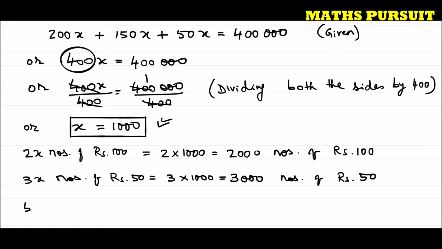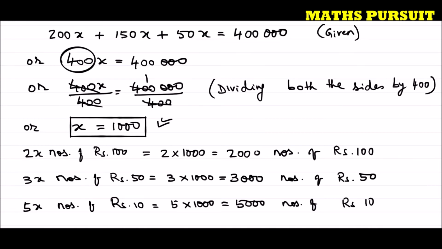And we considered 5x numbers of rupees 10. That means 5 into 1000, that is 5000 numbers of rupees 10.